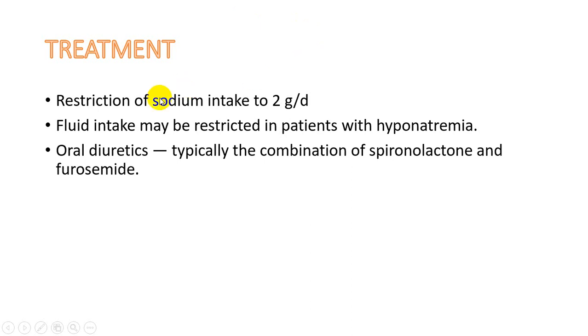The main step in the management is to restrict sodium intake to less than 2 grams per day. If the patient has hyponatremia, which is common in patients with liver cirrhosis, we advise the patient to decrease fluid intake. And third, most importantly, to start pharmacotherapy with oral diuretics.